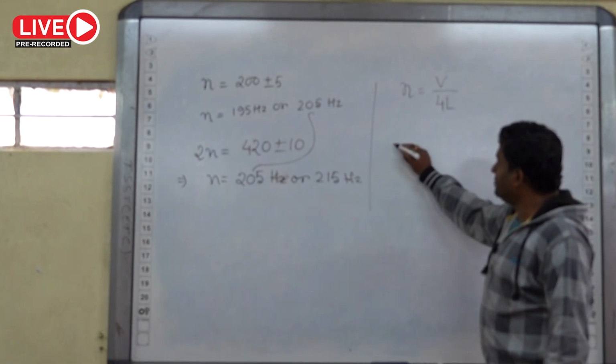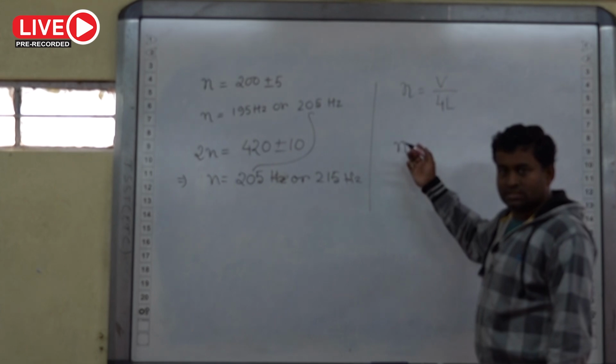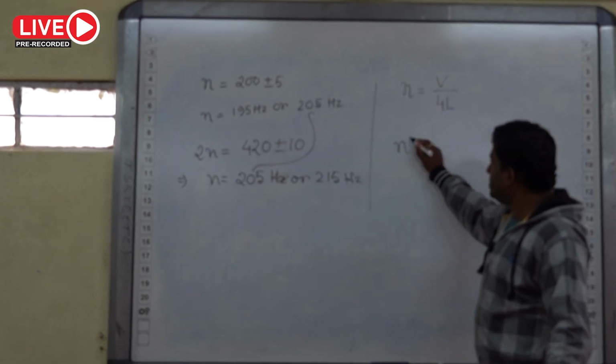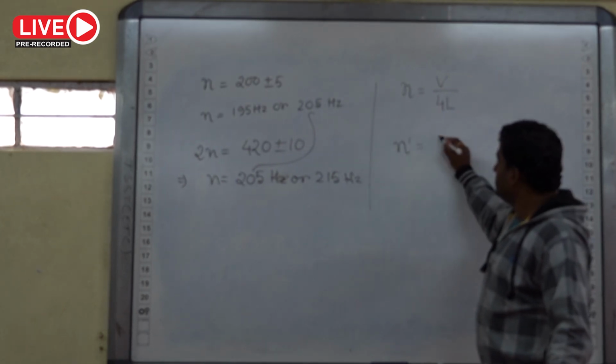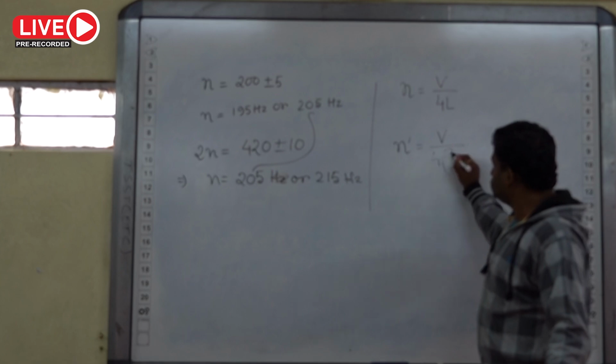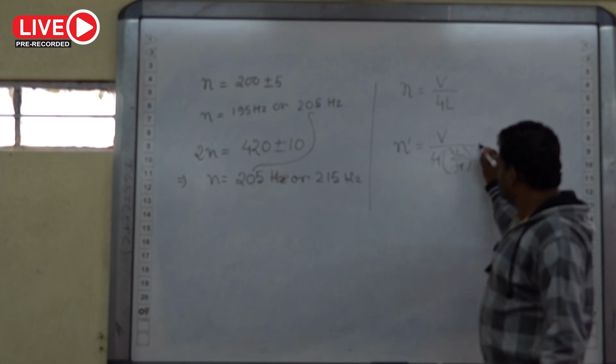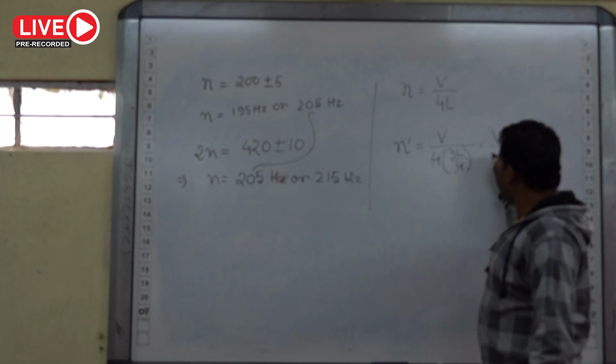So the new fundamental frequency will change. The new fundamental frequency N prime will be V by 4 into, now L is changed to 3L by 4. So it will be V by 3L.